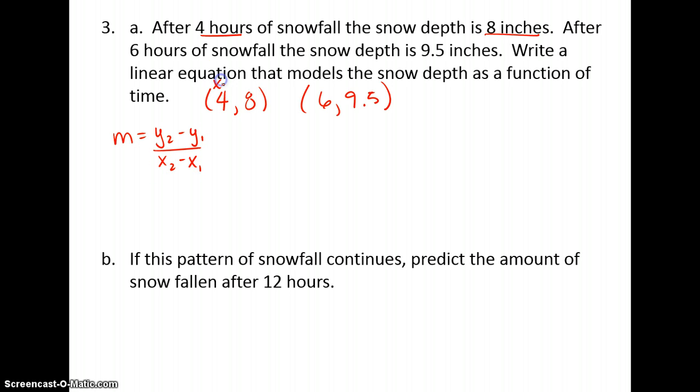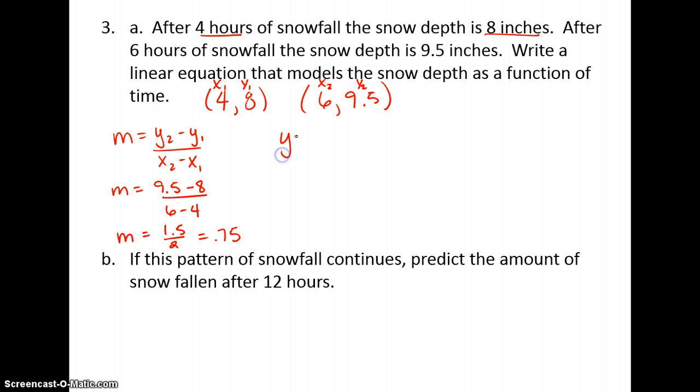We can label our points x1, y1, x2, y2, and we find the slope. 9.5 minus 8 over 6 minus 4 is 1.5 over 2, which is 0.75. So to write the equation, we have a slope. Now we need a y-intercept. So we can use either point we want to find that y-intercept. I always say use the point that's easier.